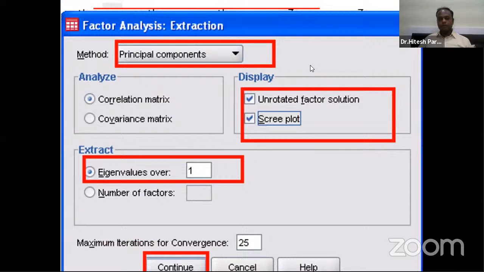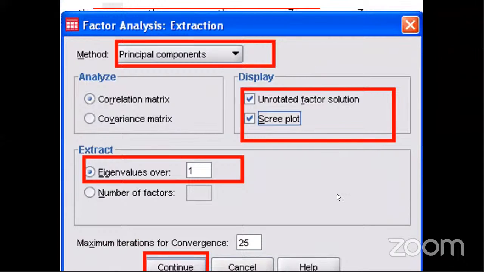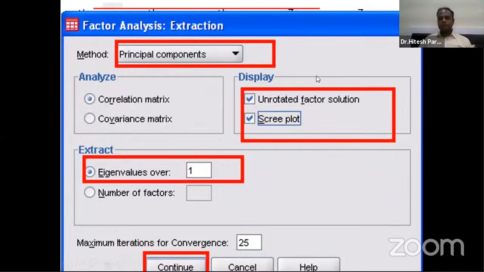I am not able to unmute you. Hello, sir. Okay, fine. Hello. Yes, sir, please.